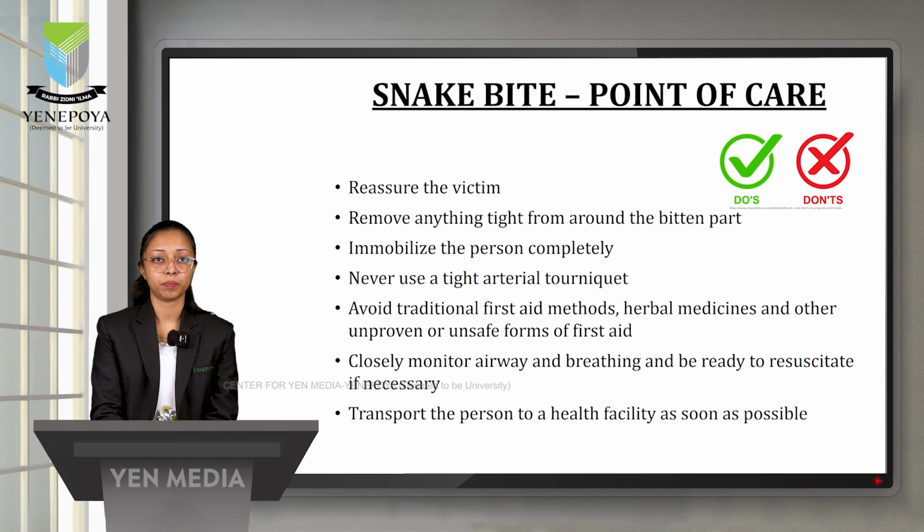Immobilize the person completely. Never use a tight arterial tourniquet because later it can lead to necrosis of the limb. Avoid traditional first aid methods, herbal medications and other unproven or unsafe forms of first aid. Closely monitor airway and breathing and be ready to resuscitate if necessary. Transport the patient to a healthcare facility as soon as possible.